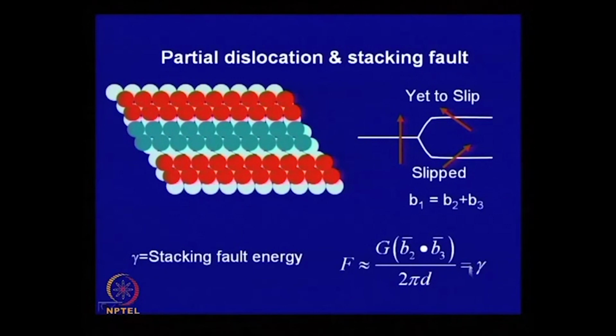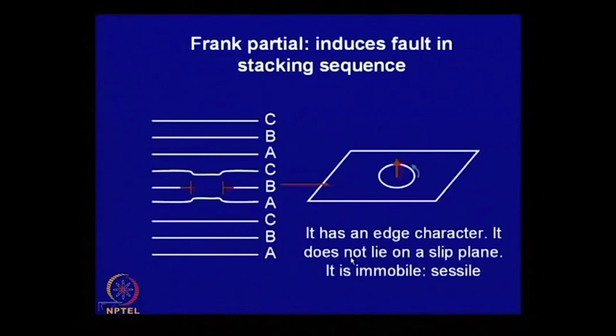If the stacking fault energy is high, the separation distance between the two partials will be low. Now, a Shockley type of partial can be created through slip.